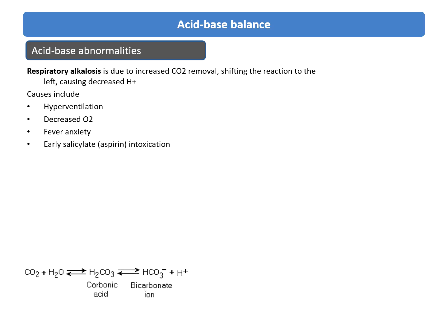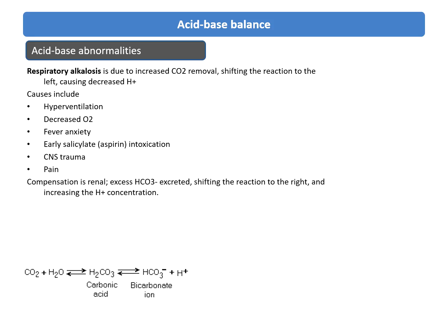Fever, anxiety, and early salicylate, that is aspirin intoxication. Central nervous system trauma might cause this, and pain. Compensation is renal. Excess bicarbonate is excreted, shifting the reaction to the right and increasing the hydrogen ion concentration.